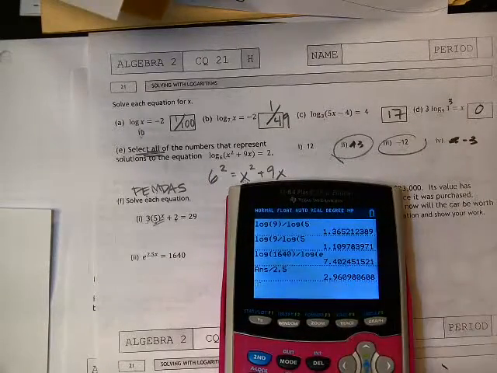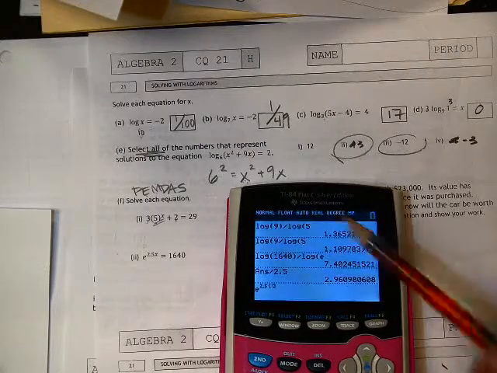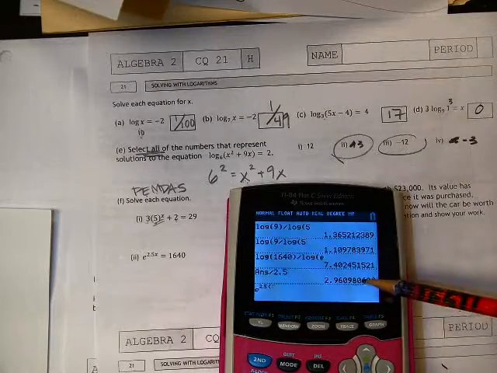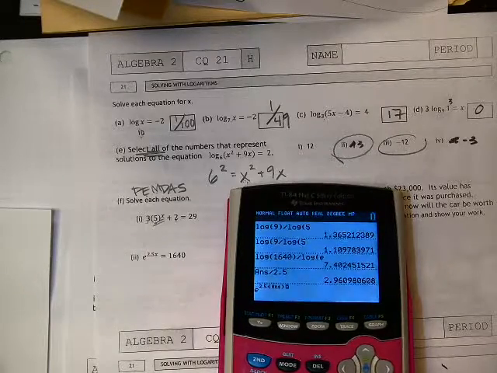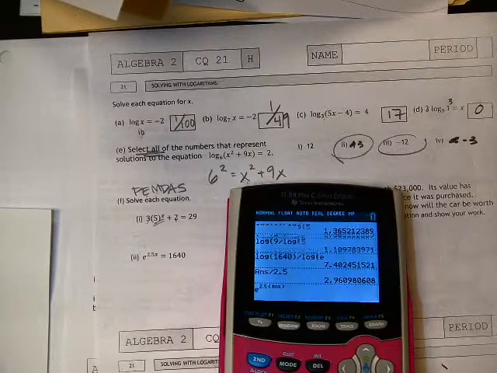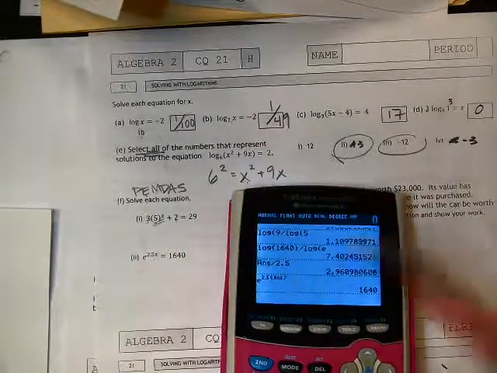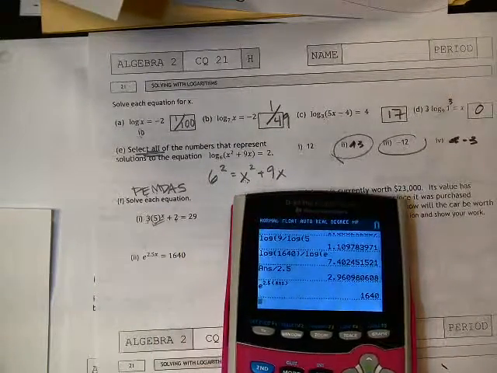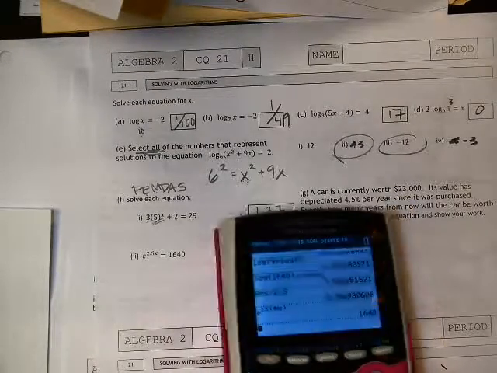So I'm going to do e to the 2.5 times, and I'm going to put in that answer. I'm going to do second, and then the minus button actually gives us the answer of what we had before. And I see now that it is exactly the same as this. The same thing up here, you totally could have checked that answer. What did we plug in?